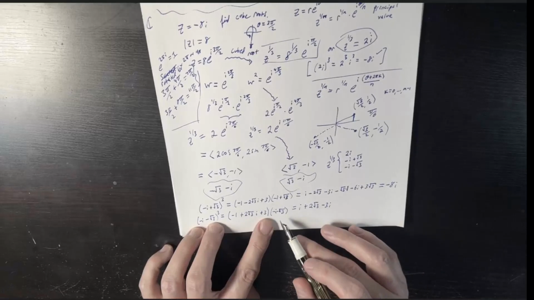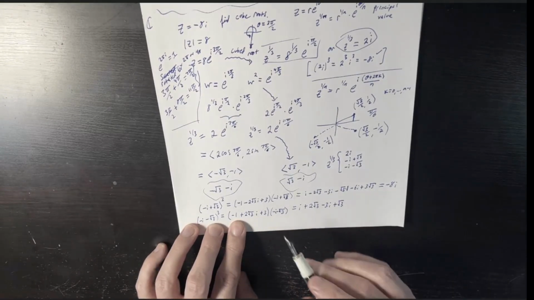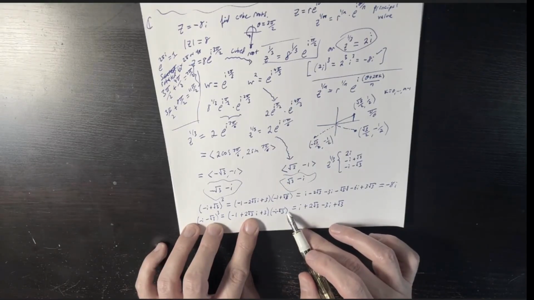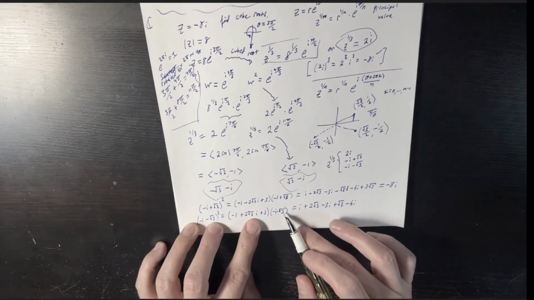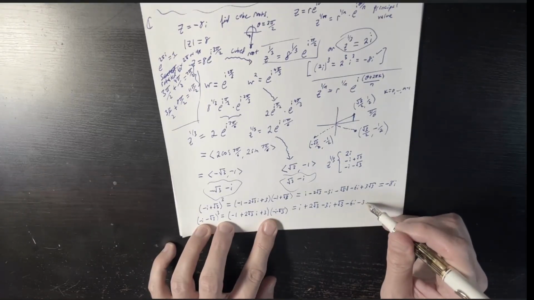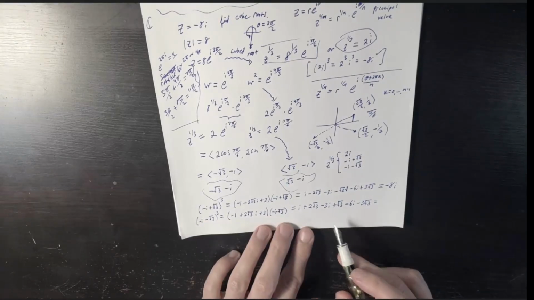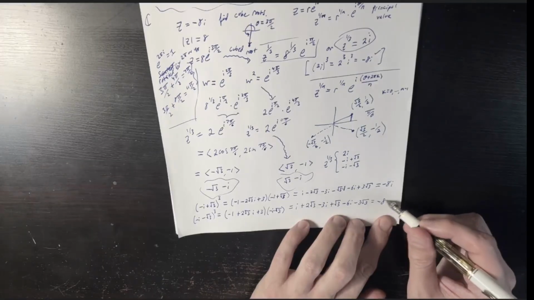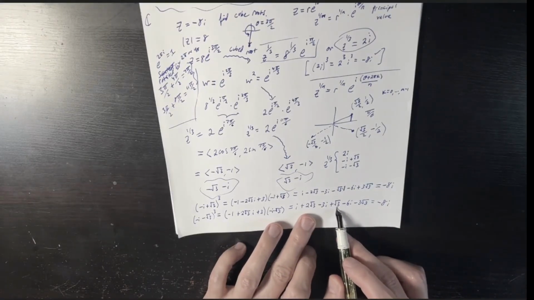And then negative root 3 times this is positive root 3. Negative root 3 times the middle is minus 6i, and then negative root 3 times the third is minus 3 root 3, which if I did that correctly, again works out to be I minus 9i. And I'm betting the other terms cancel. Yep, 3 root 3 minus 3 root 3.